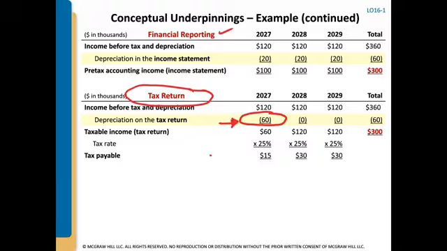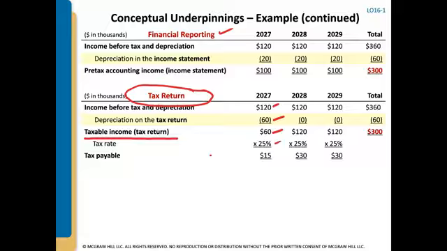The entire amount can be depreciated in 2027. So when we prepare our tax return, we're going to start in 2027 with our income before tax and depreciation of $120,000, but we're going to take the full $60,000 of depreciation on the tax return. And so our taxable income, which is this line right here, ends up being $60,000.